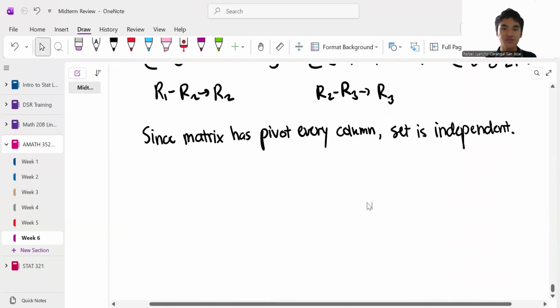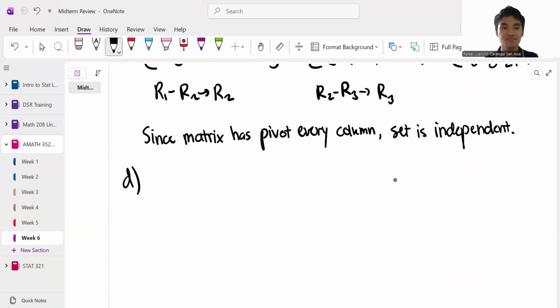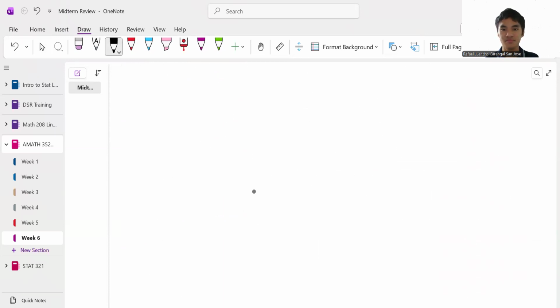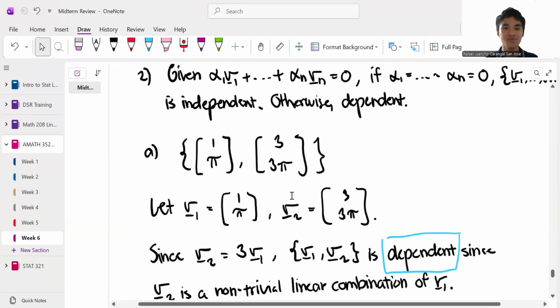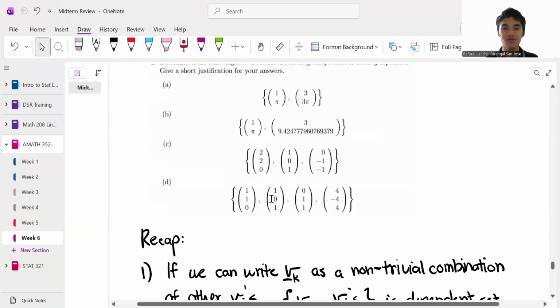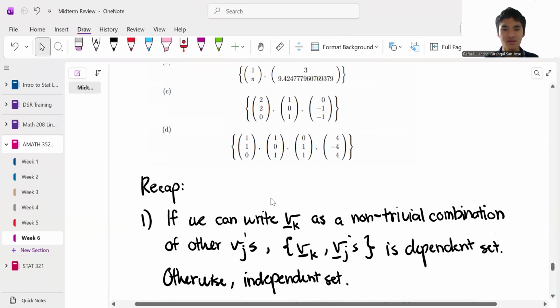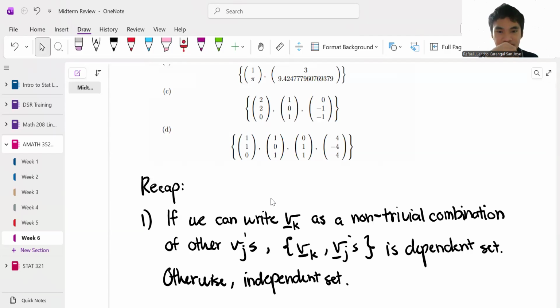Cool. Okay, let me try the last one. That was taught in my other linear algebra class, but it's pretty much the same thing. We could do it in a more systematic way. Here, can we shortcut this? I don't know. 1, 1, 0. Can we write it 1, 1, 1 plus 0? I don't think so.